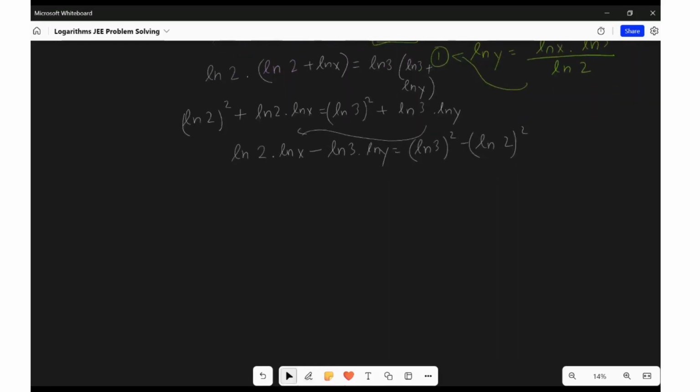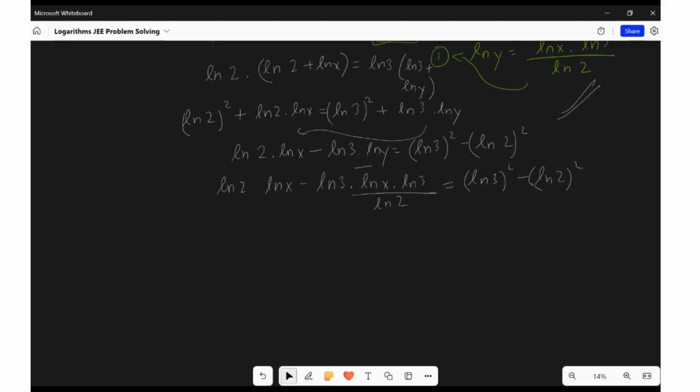Okay, now ln y, we know from this that it is ln 3 into ln x into ln 3 divided by ln 2, which is equal to (ln 3)² minus (ln 2)².